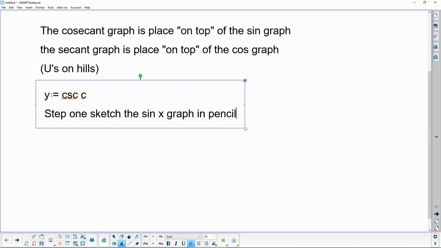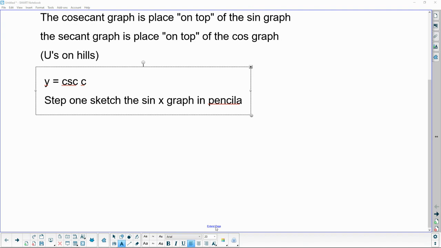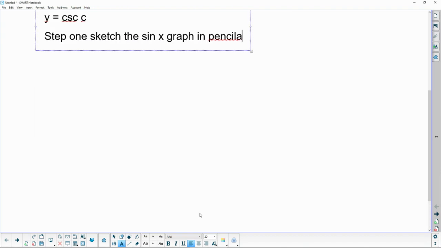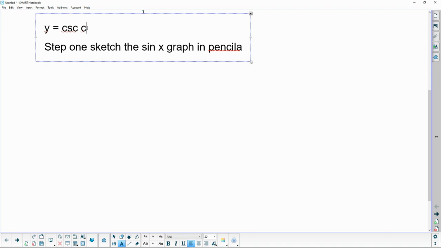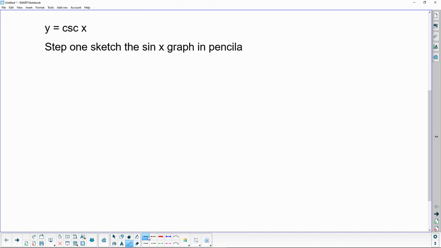Okay, so let's do that first. I'll slide this up, and we're just going to do a rough graph of cosecant x. Okay, so make an axis.